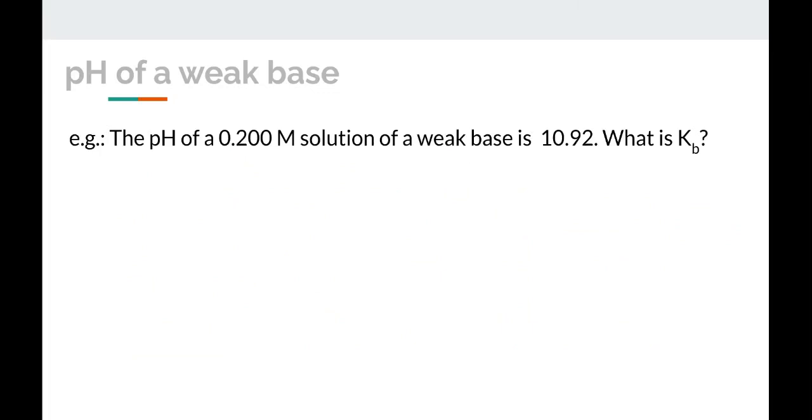Here's another problem. The pH of a 0.2 molar solution of some weak base is 10.92. What's Kb? So if we set up a RICE chart for our generic weak base B, reacting with water, reaching equilibrium with its conjugate acid, HB plus, and OH minus. The initial concentration was 0.200.